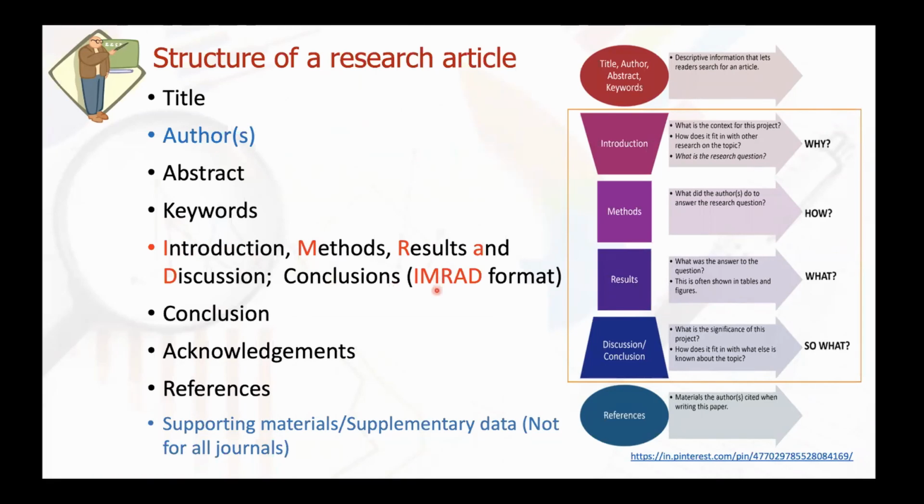IMRAD format is the universal format. Maybe you are working with science, or social sciences, or any area in science; the format is universal, it is IMRAD. IMRAD is introduction, materials and methods, results, and discussion. That's the format for all the journals, all the papers in any branch of science. And finally there will be conclusion, then acknowledgements, then references.